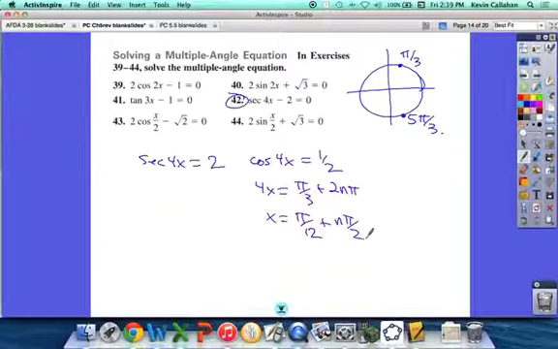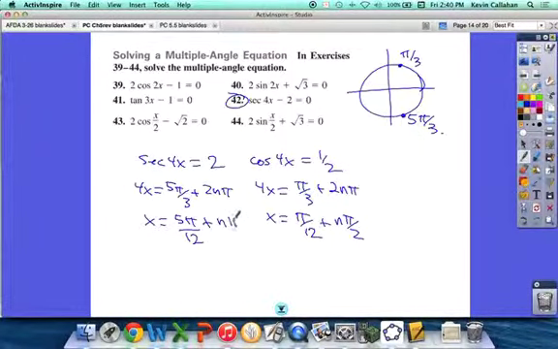And then do the same thing for the 5 pi. That would be 4x equals 5 pi over 3 plus 2n pi. Divide by 4. X equals 5 pi over 12 plus n pi over 2. Okay. So make sure you do a multiple angle one.